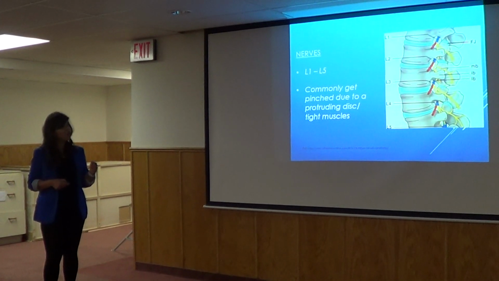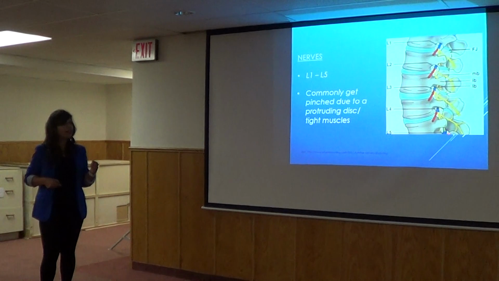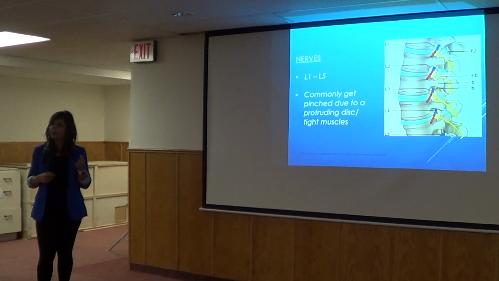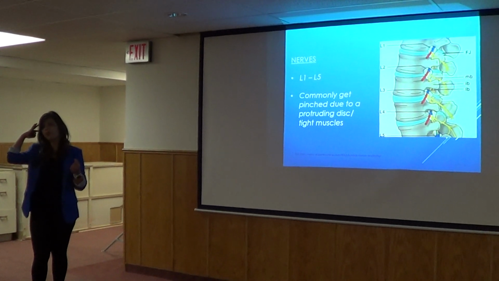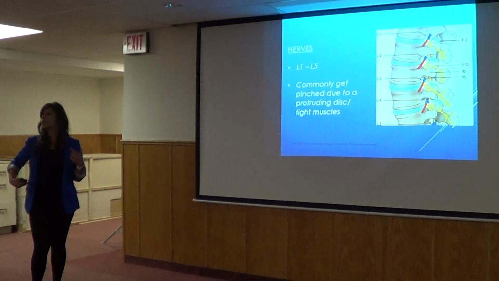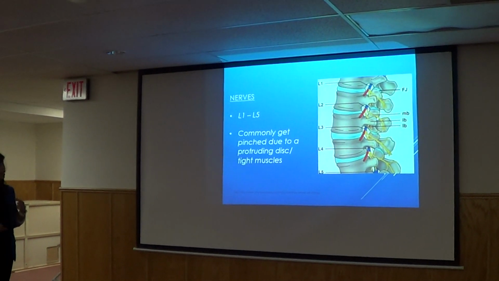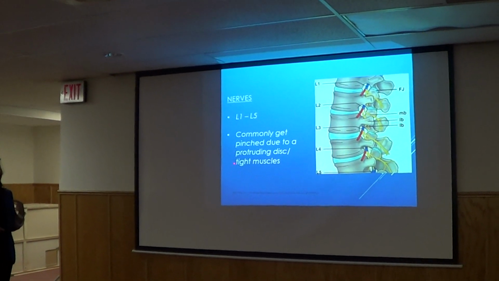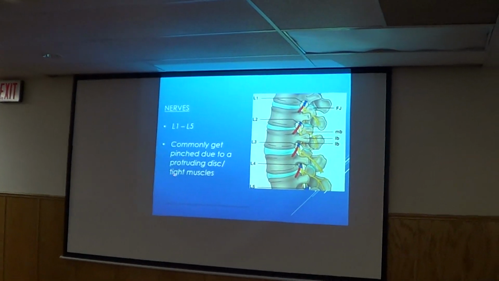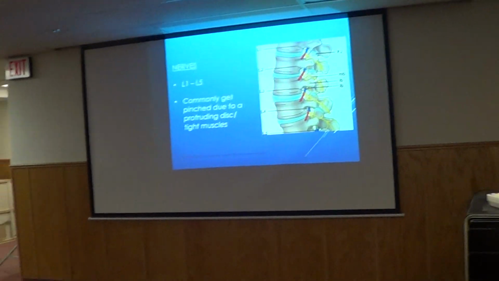So all these nerves, L1, L2, L3, L4, and L5, are coming from the nervous system from the brain and travel all the way down in the spine and then go all the way down to our legs. And they are very common to be pinched due to tight muscles or other injuries, which again I'm going to discuss.